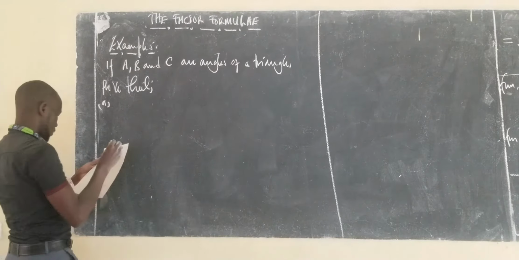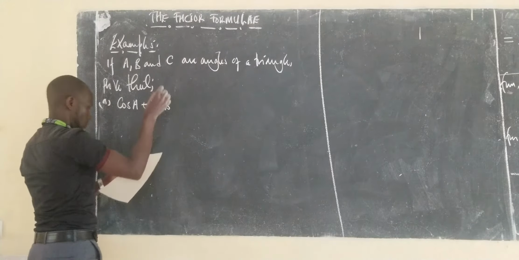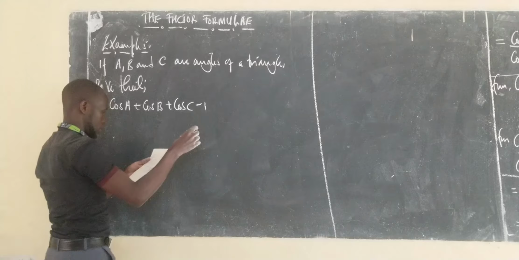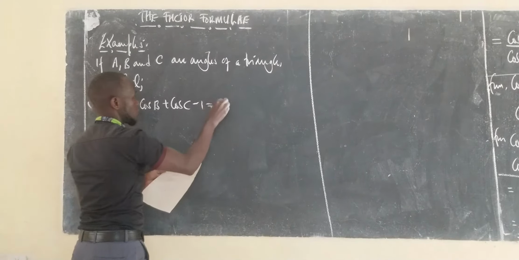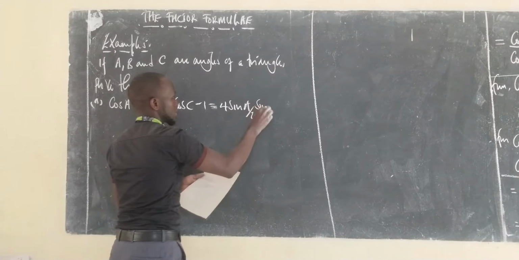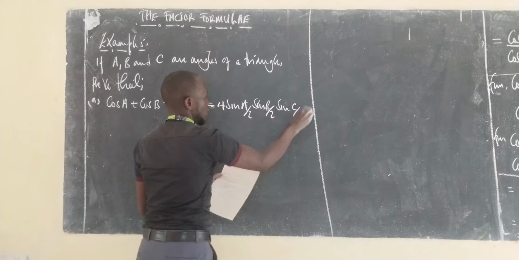Part A, prove that cos A plus cos B plus cos C minus 1 is equivalent to 4 sine A over 2 sine B over 2 sine C over 2.